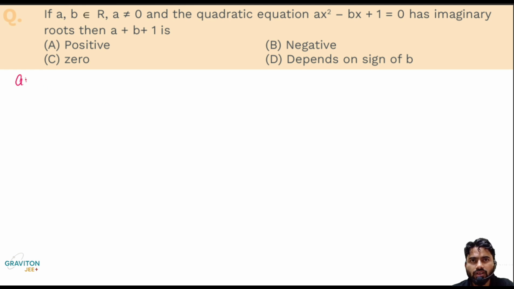If I give you a parabolic structure ax square plus bx plus c, where a is not equal to 0, if the leading coefficient is positive, the parabola is facing upward, and if the leading coefficient is negative, the parabola is facing downward.